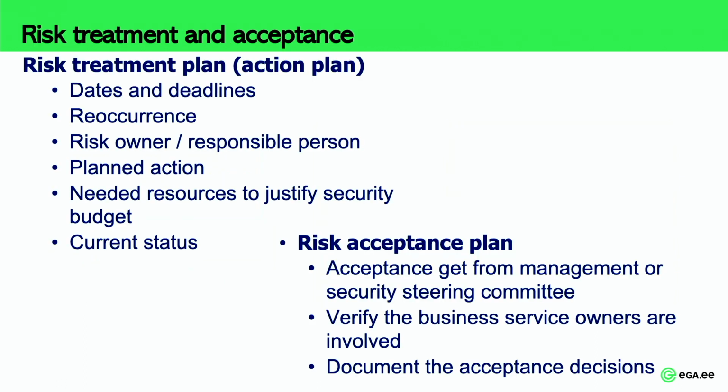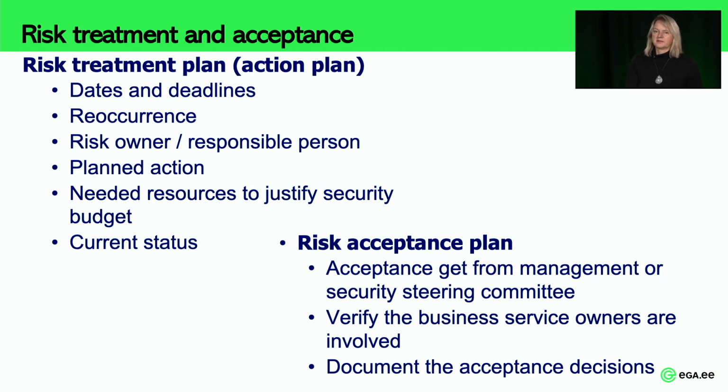What risk treatment really means is that you create some kind of action plan: what are the activities you will implement to reduce the risk. In this action plan, you should have a description of the activity, but also dates and deadlines.